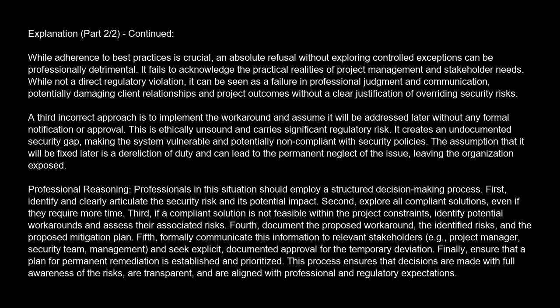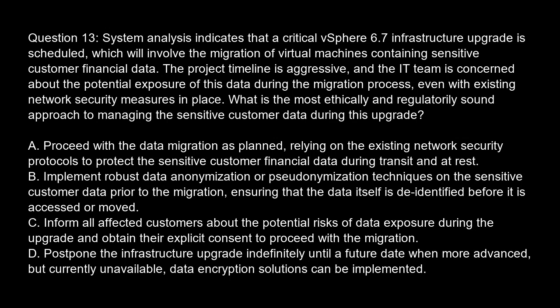Fifth, formally communicate this information to relevant stakeholders, e.g., project manager, security team, management, and seek explicit, documented approval for the temporary deviation. Finally, ensure that a plan for permanent remediation is established and prioritized. This process ensures that decisions are made with full awareness of the risks, are transparent, and are aligned with professional and regulatory expectations.